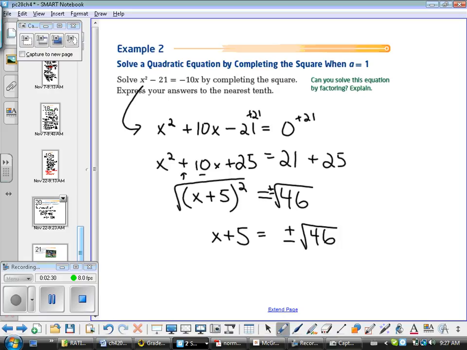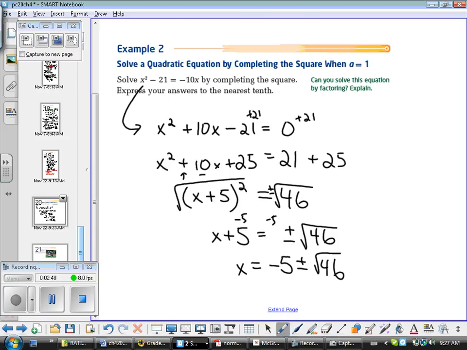Okay, those are the only perfect squares that are smaller than that. Okay, so I'm going to end up with x being equal to negative 5, because I'm going to add negative 5 to both sides. Okay, and plus or minus the square root of 46.